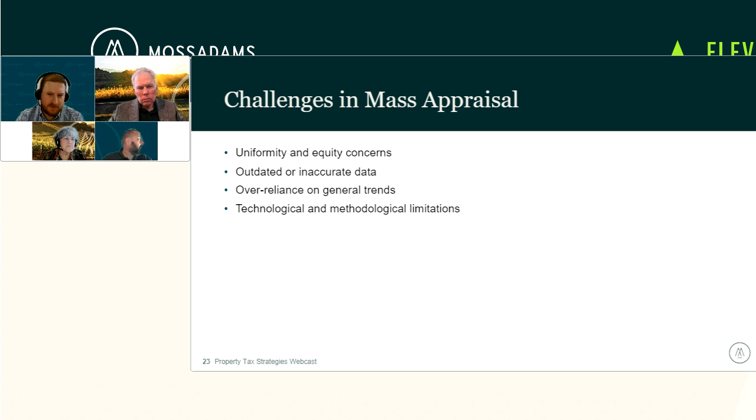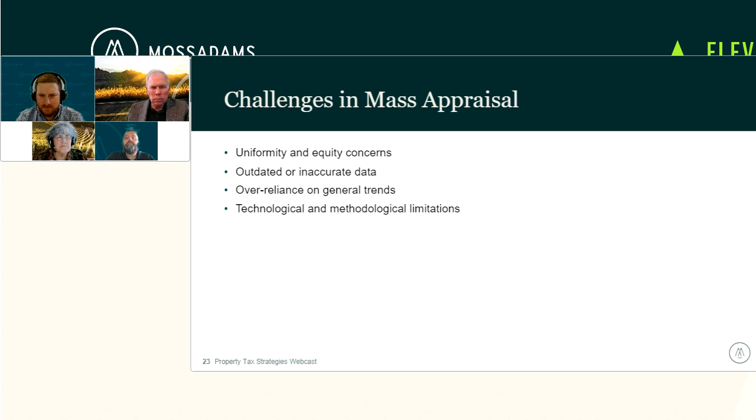The second is outdated or inaccurate data. Another issue is that assessments often rely on historical data, which may not accurately reflect recent market shifts or challenges in operations. It is essential that we prioritize data accuracy to ensure fair assessments. The third is over-reliance on general trends. We also see a tendency to apply broad market trends in appraisals without taking into account local or specific factors.